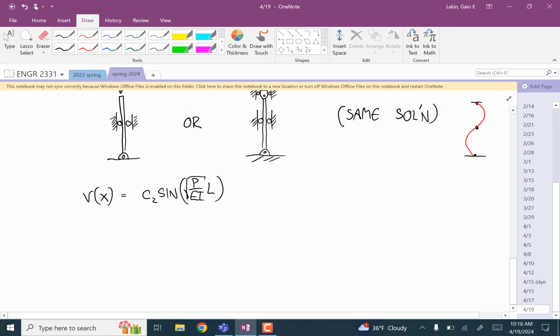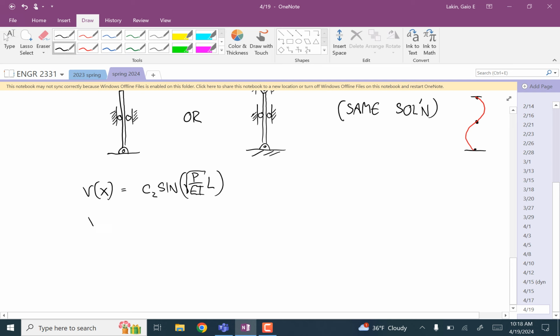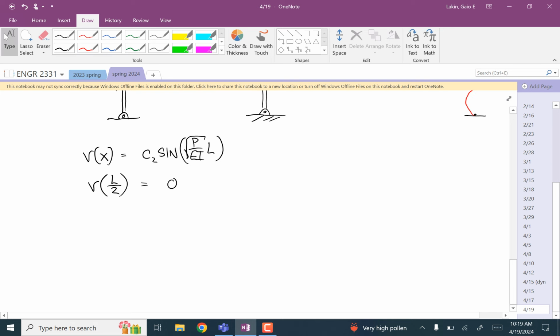And we want to say V at L over 2 is equal to 0. Again, we don't want the trivial solution, so we're going to say square root of P over EI times L over 2 is equal to N pi.